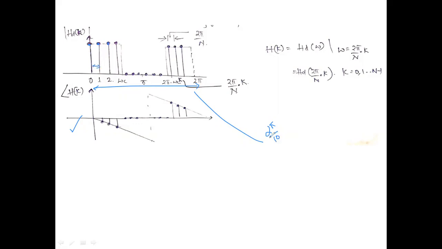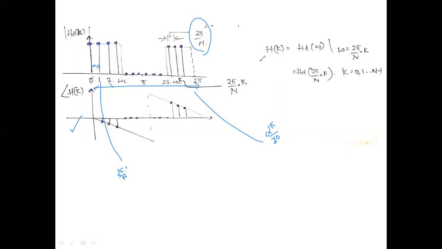If I take 20 samples, the difference between the samples would be 2 pi by 20. So the spacing between the samples would be 2 pi by n, and the values occur at 0, 2 pi by n into 1, 2 pi by n into 2, 2 pi by n into 3, and so on.